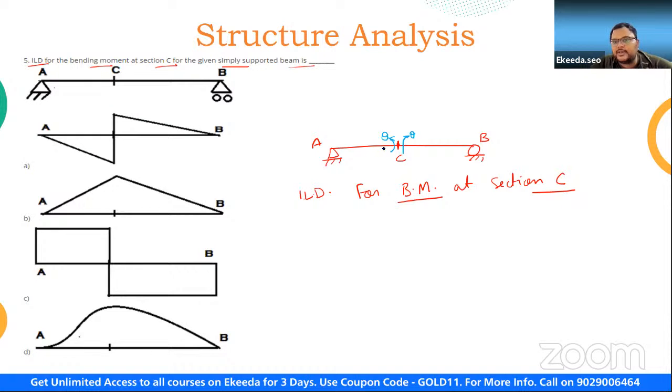From left we have to rotate and from right we have to rotate. During this rotation, this point is going to remain fixed and this point is going to remain fixed. So due to this angle, once you rotate it, this beam will come upwards like this.